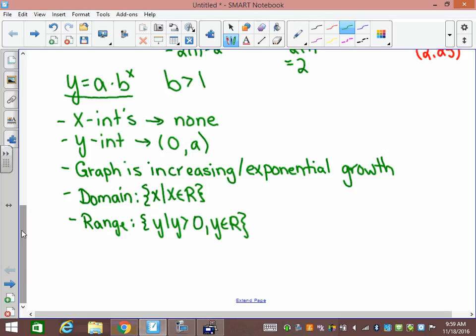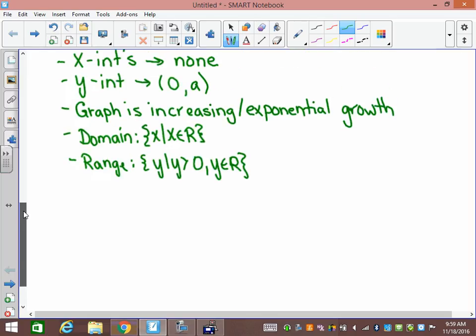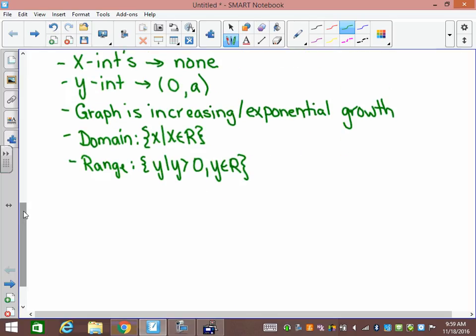So what happens if we look when b is between 0 and 1? b can never be negative, by the way. Write that. b can never be negative or 0.